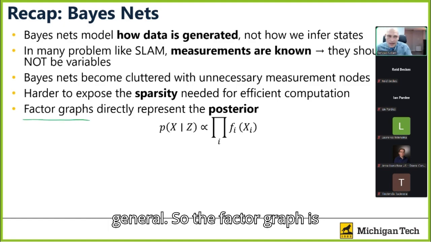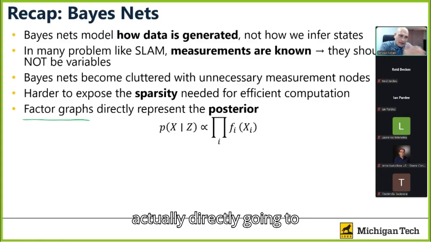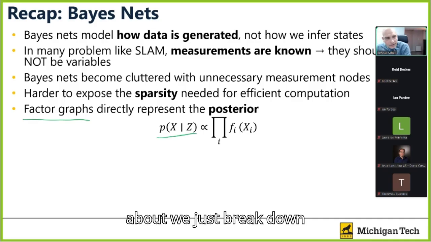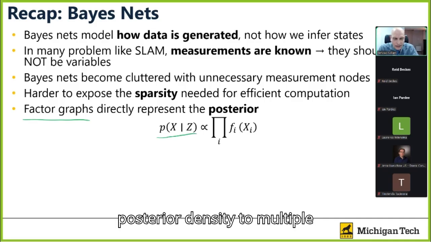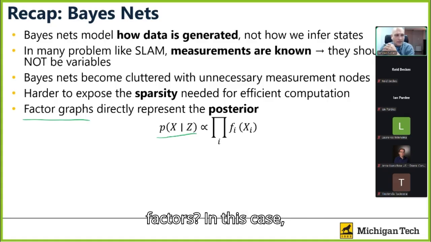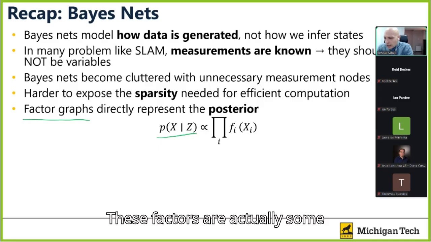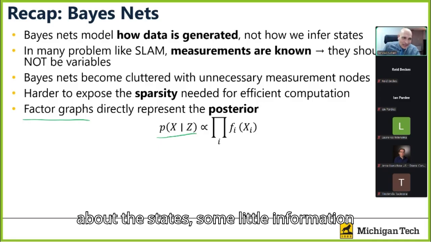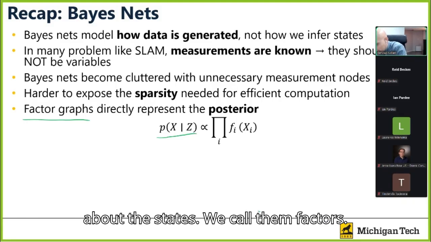The factor graph goes directly to the posterior density, saying, okay, what about we just break down the posterior density into multiple factors? In this case, these factors are actually some little information about the states. We call them factors.